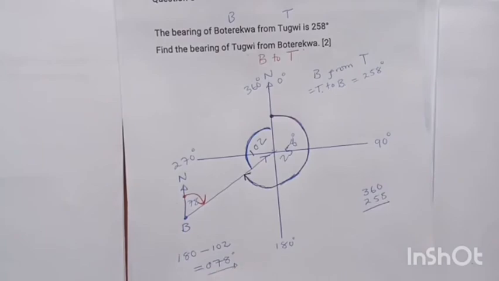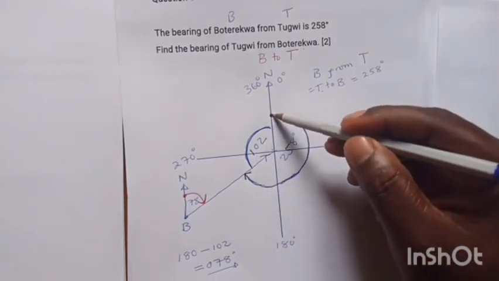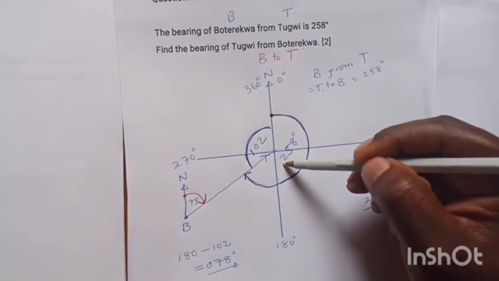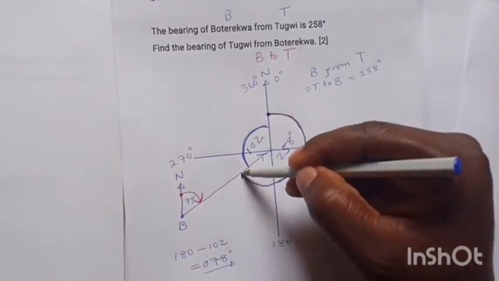Right, but if you can notice, someone could also have used the concept of Z angles. For example, 258 degrees is covering from this point up to this point.